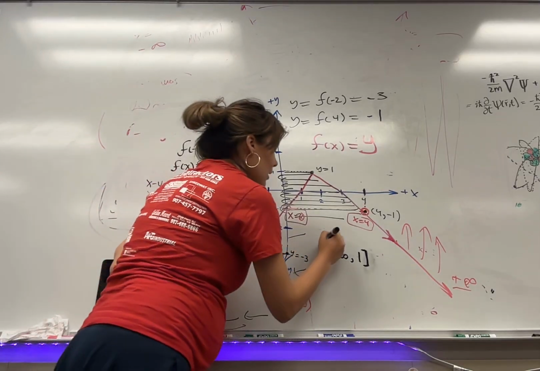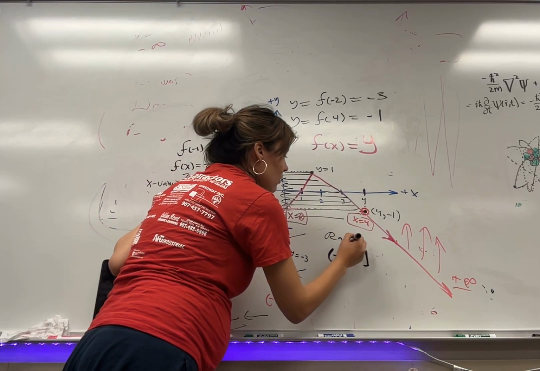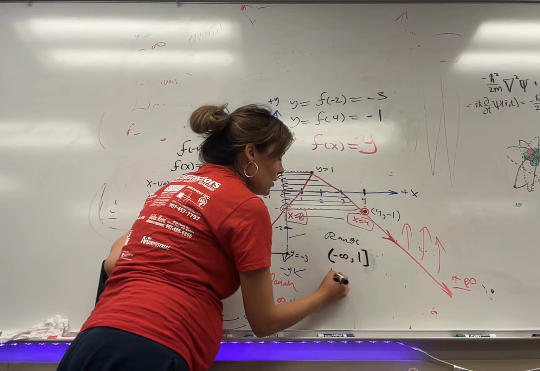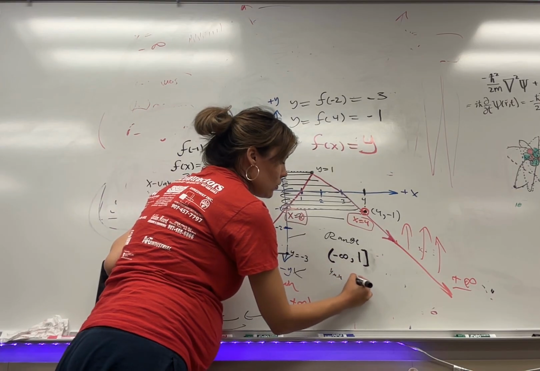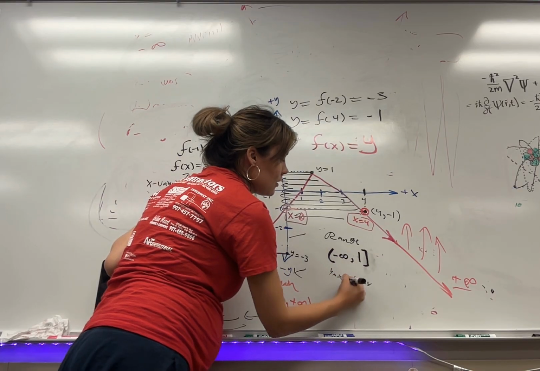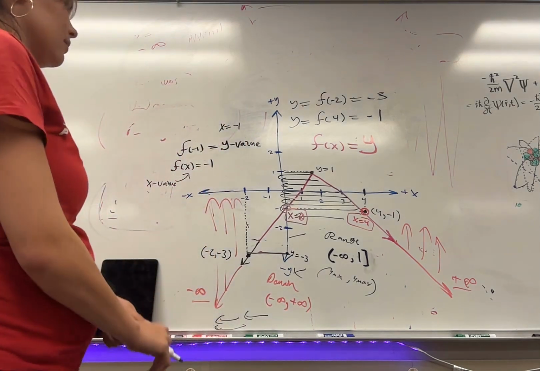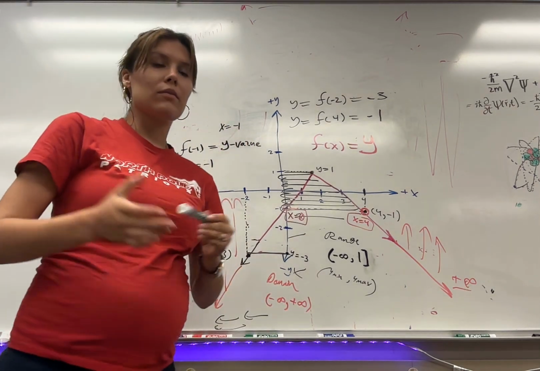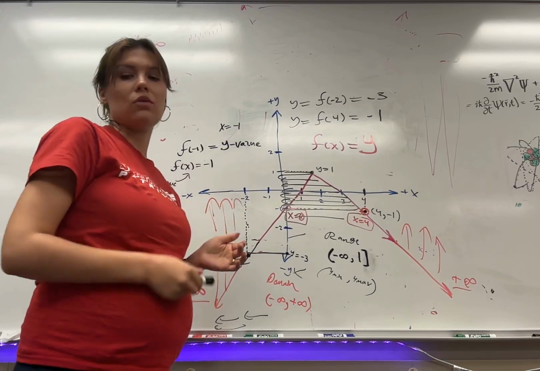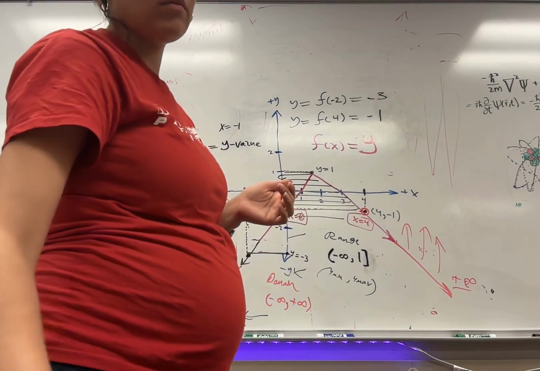And again, this is our range. These are our possible y values. This is y min to y max. This is x min to x max. And that is how you solve problem 2, part 2, parts 1 and 2.